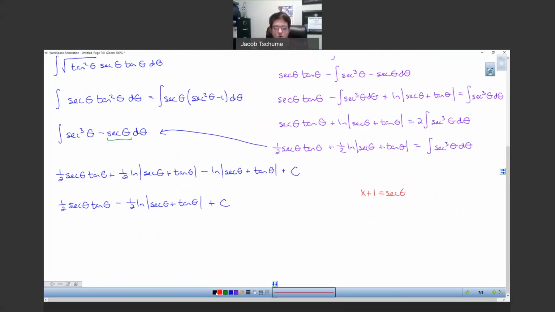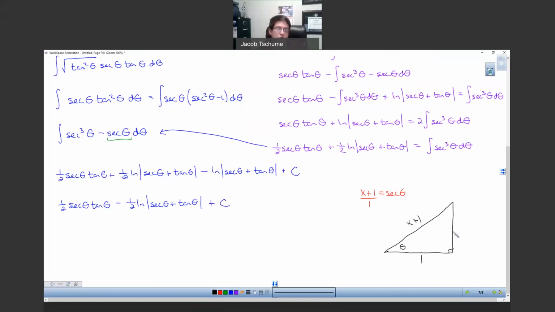So when I draw my right triangle to make the relationship, remember theta is going to be your angle here. So x plus 1 can actually be rewritten as just x plus 1 over 1 to create that ratio. And secant has a definition of hypotenuse, which is x plus 1, divided by the adjacent, which is 1.